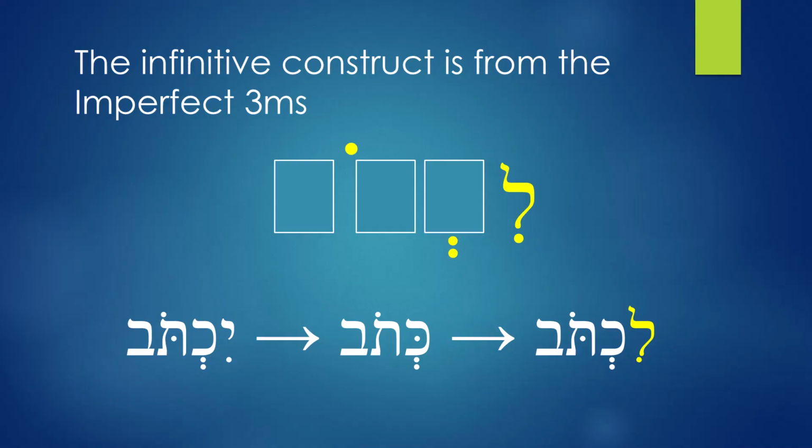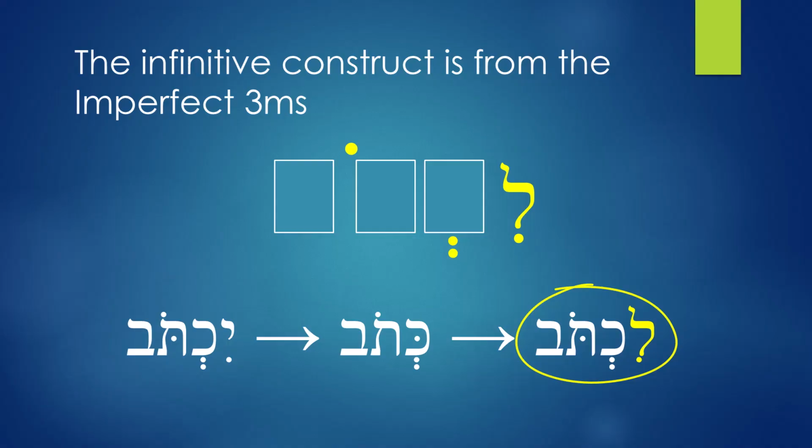For example, you have the verb in the imperfect, yiktov. To form the infinitive construct, you remove the ye prefix and it becomes ketov. Now to ketov, you simply add the le prefix and it becomes lektov.